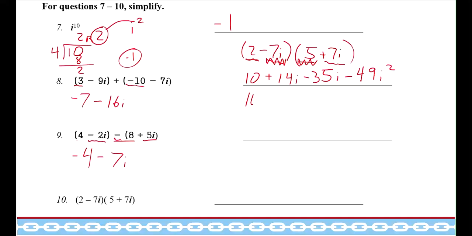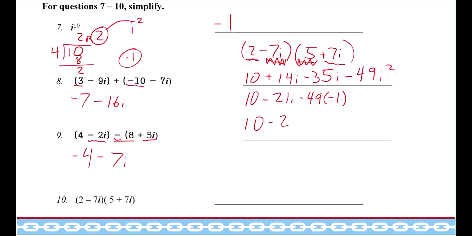We have a lot of simplifying left to do. Some combined like terms here in the middle. So 14i minus 35i would be negative 21i. And for the negative 49i squared, well, i squared is the same as negative 1.